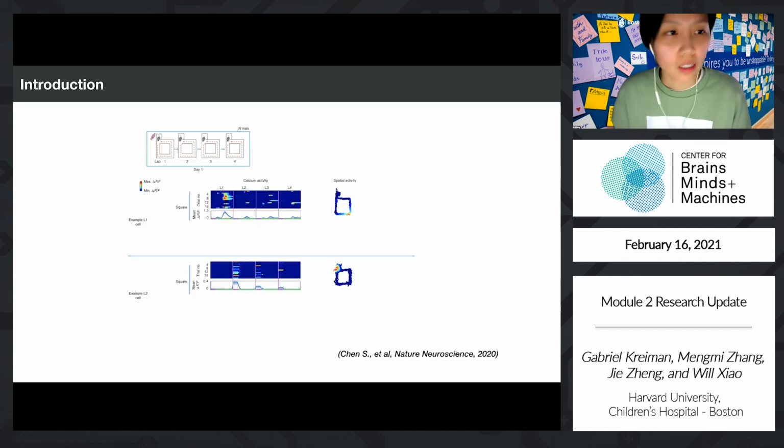And more interestingly, a recent study from Tanaka's group trained rodents to run around the same spatial environment repeatedly, as shown here for 4 laps.